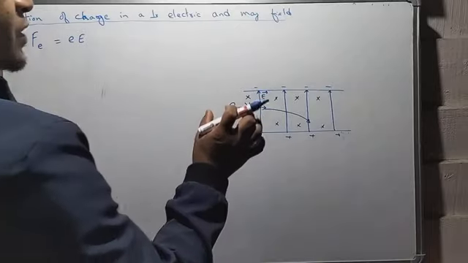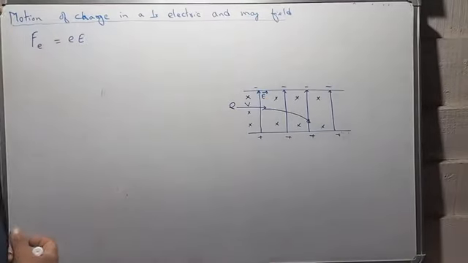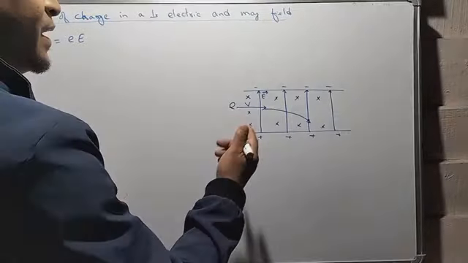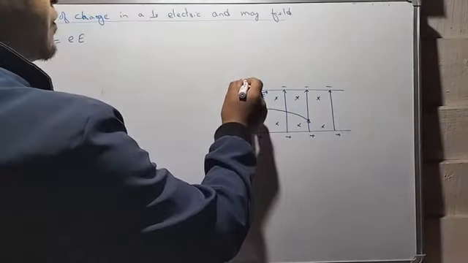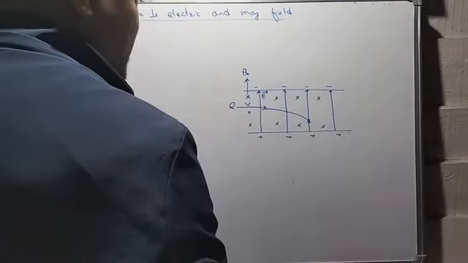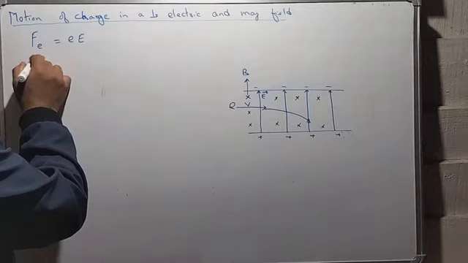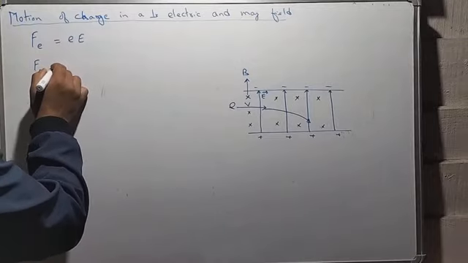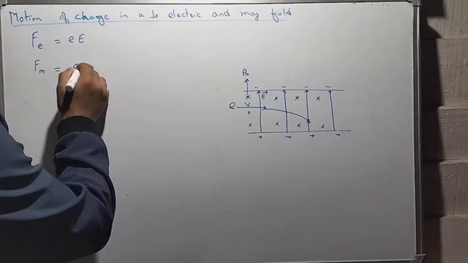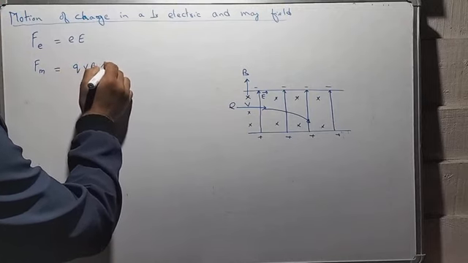Now, because in this region we have not just an electric field, but also a magnetic field, suppose the strength of the magnetic field is B. Because of the presence of the magnetic field, there will again be a magnetic force acting on the electron. We know the magnetic force is equal to QVB sine theta.